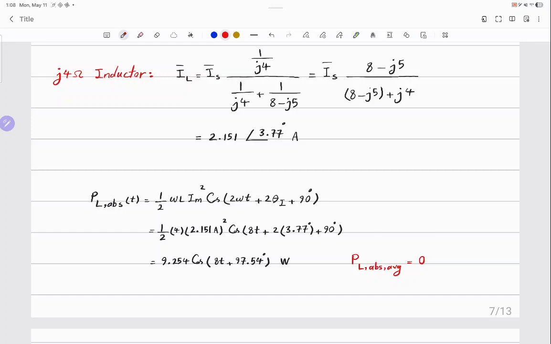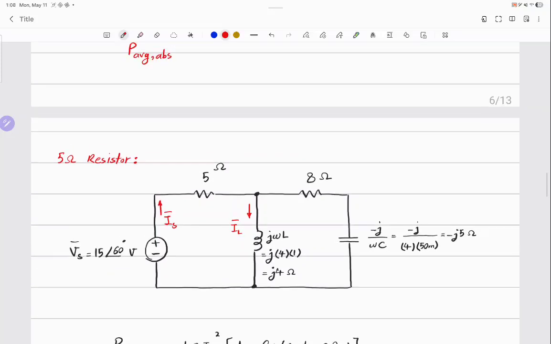Why is the current to the inductor not in phase with the voltage? Why should it be in phase?